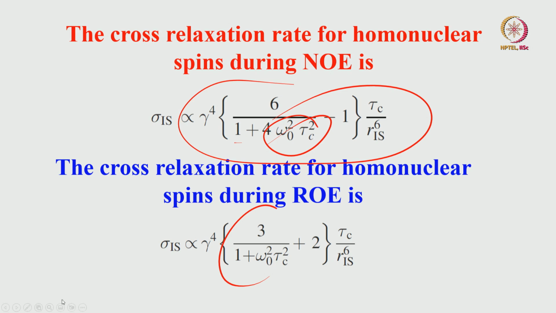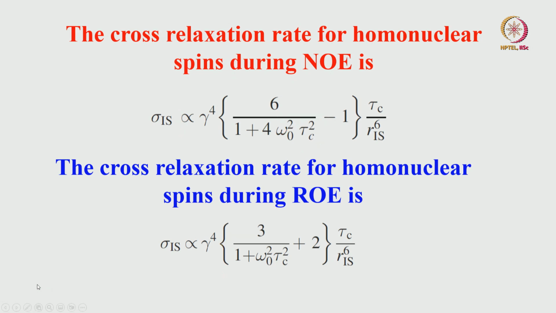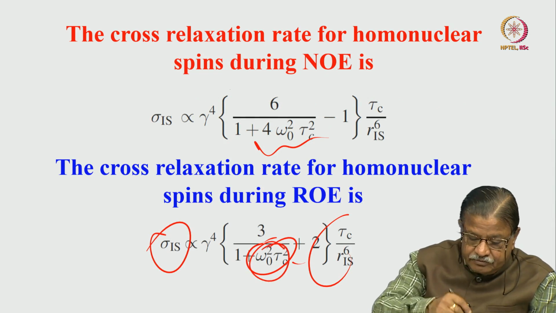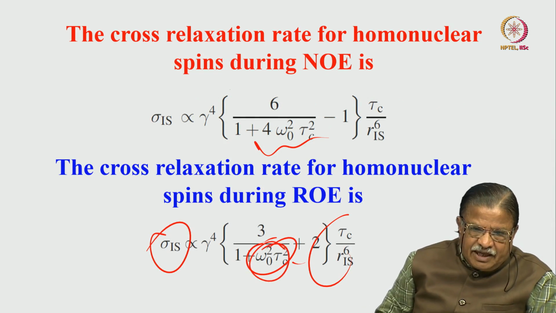Now what I wanted to show you, this one omega tau c, still it is a positive term. Here of course things are different, I am not discussing that, varieties of things will happen. In the ROE, when omega tau c is approximately equal to 1, then you will see that 3/2 plus 2 into this one, this cross relaxation is there, that is always there, that gives rise to positive NOE. The ROE is always positive for all values of omega tau c here, because cross relaxation is there.